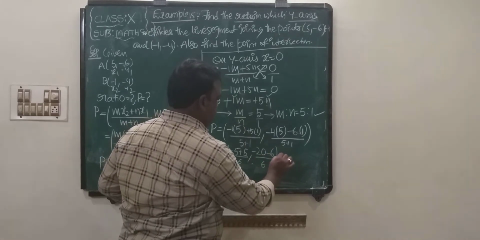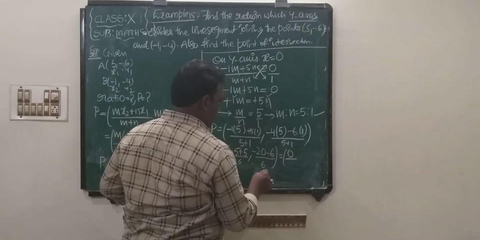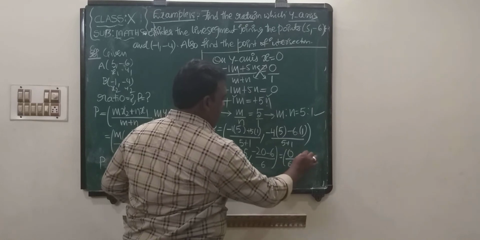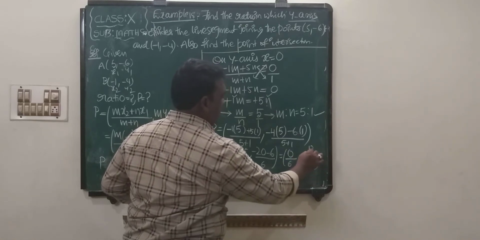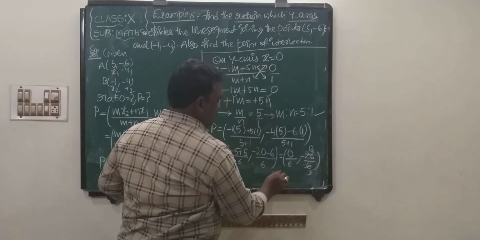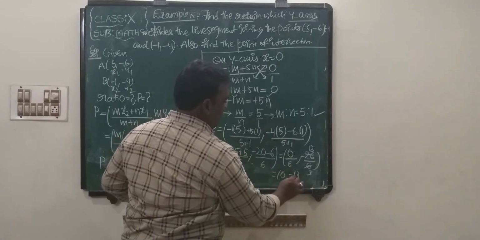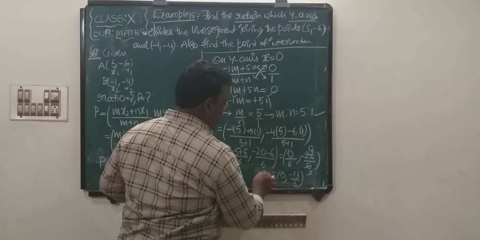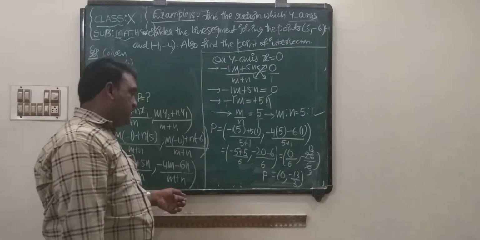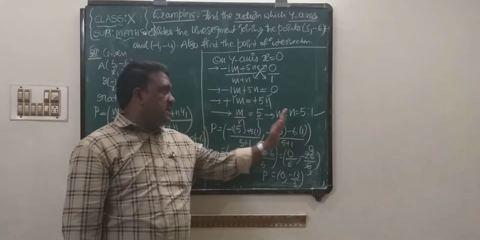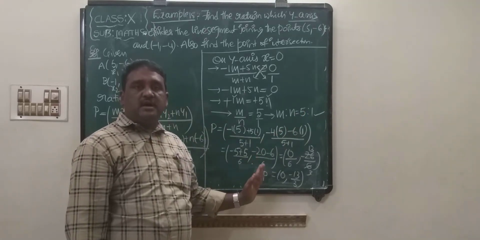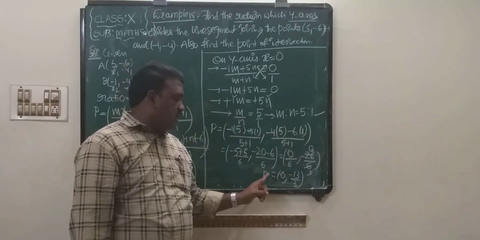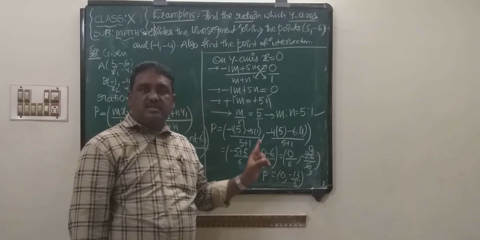So what we get? 0 by 6, minus 26 by 6. 2 13s are 26, 2 3s are 6. So 0 comma minus 13 by 3. This is P, the point of intersection. First part, ratio 5:1. Second part, point of intersection 0 comma minus 13 by 3.